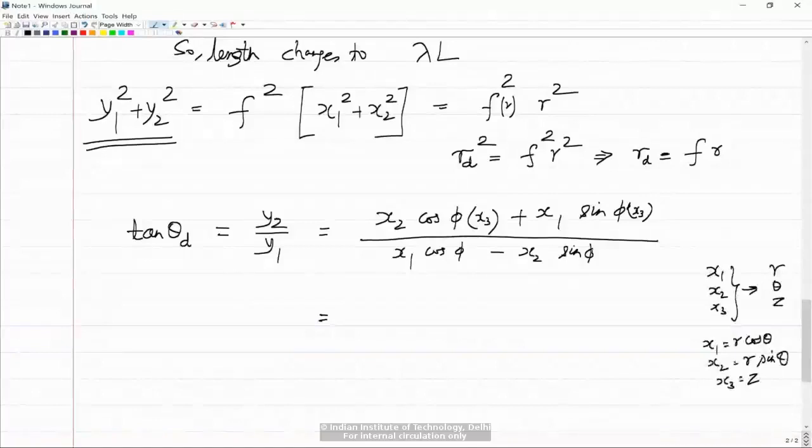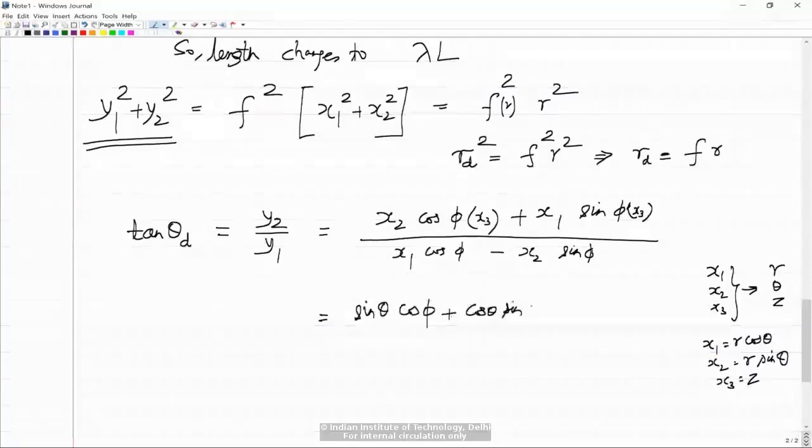Okay, so let us substitute that here, and you see this radius r will cancel because it is there in both numerator and denominator.